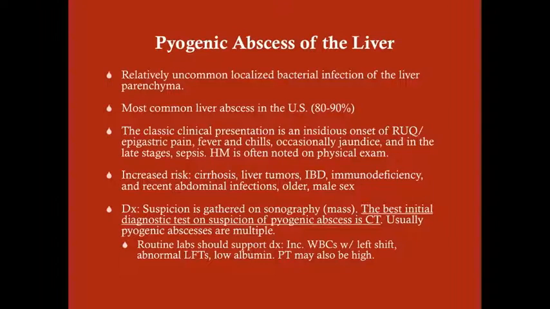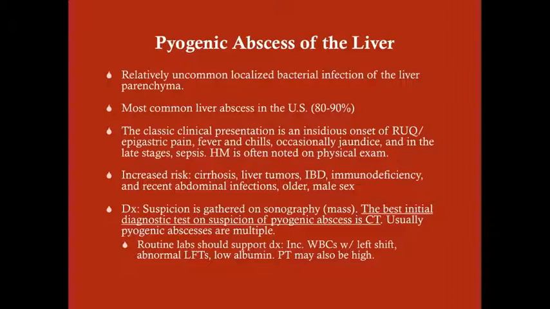And then anybody with recent abdominal infection, that may have slightly seeded the peritoneum, and that can actually then spread to the liver. And then some of the non-modifiable risk factors just include advanced age and male sex.